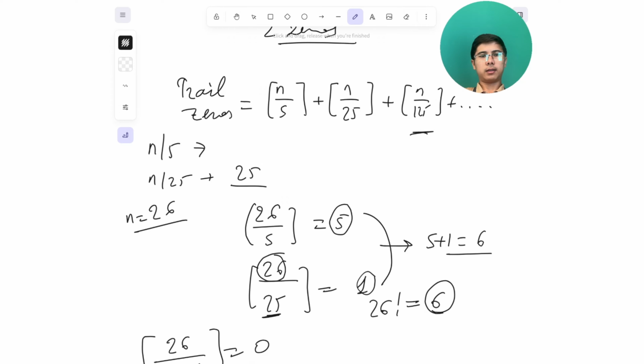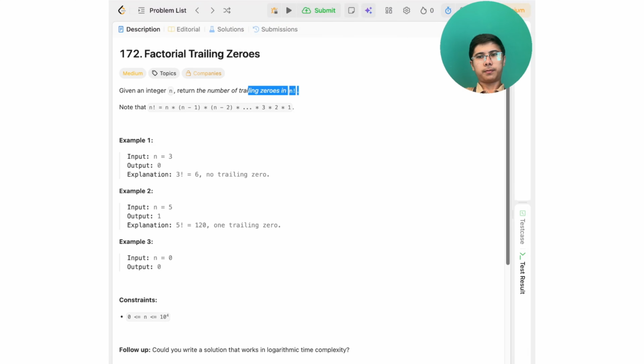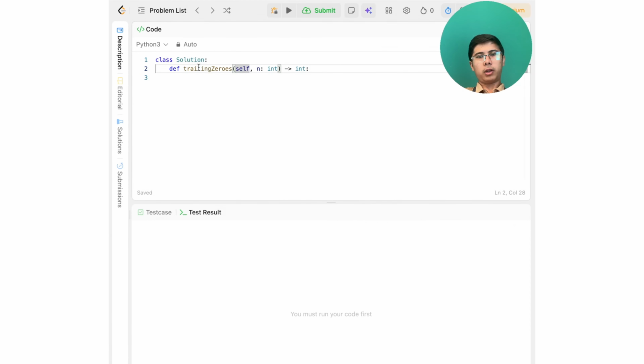So we can convert it to the code solution format and see the result. We have a function name, and an input which is an integer. We write a variable named count equal to 0. It stores the total number of trailing zeros. The loop continues until there are no more multiples of 5, so we write n greater than 0.